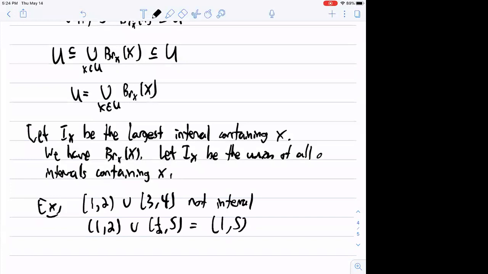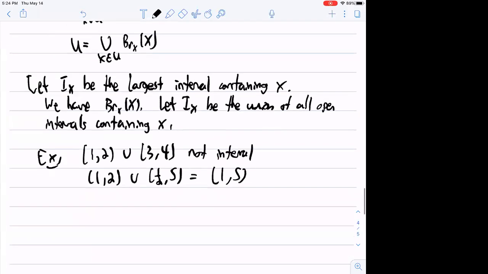Sorry, all open intervals. And the union is open, because you learned that an arbitrary union of open sets is open. Since they all contain x, the union will be an interval.